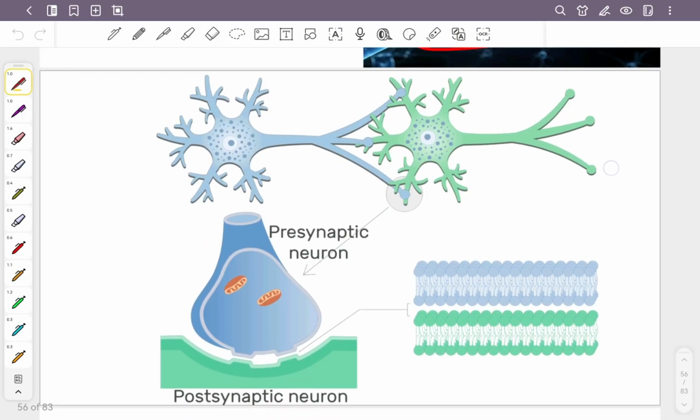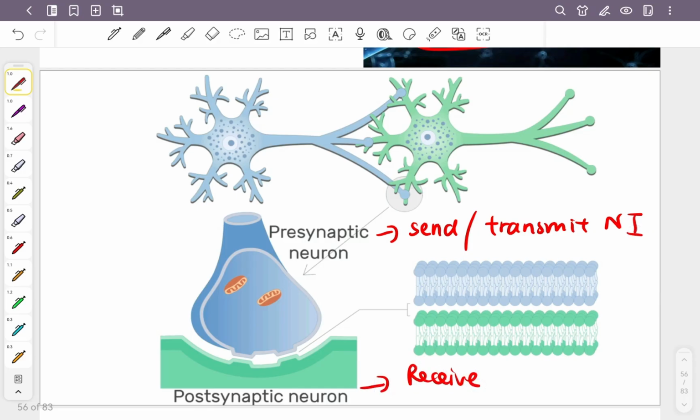If you enlarge it, we usually call the one that sends the nerve impulse the presynaptic neuron, and the one that receives is called postsynaptic. The one that sends or transmits the nerve impulse is this one, and this one is the one that receives.